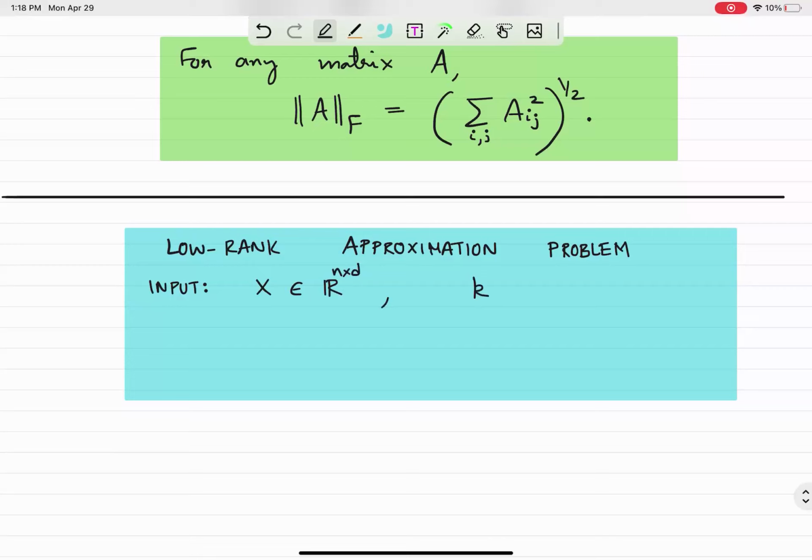The input to the problem would be some matrix X and a parameter K, which is the rank bound that you're looking for.